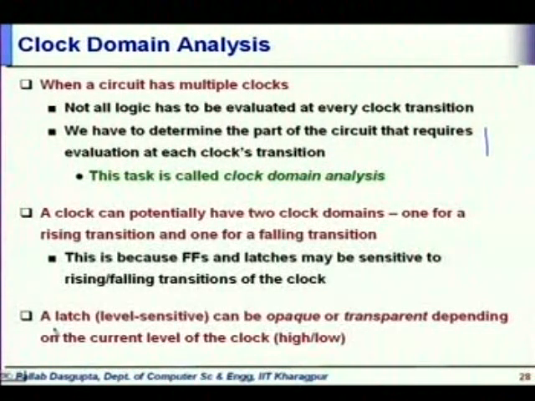is the latches, because latches can be level sensitive. You know what we mean by level sensitive, right? The latch will record its data when the enable signal is at a particular value.